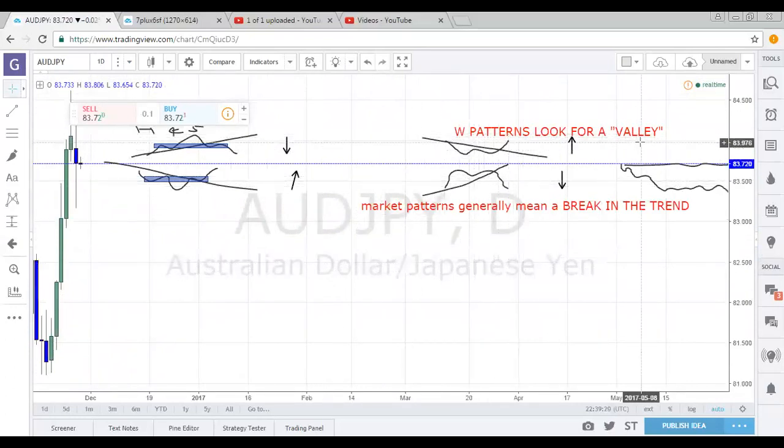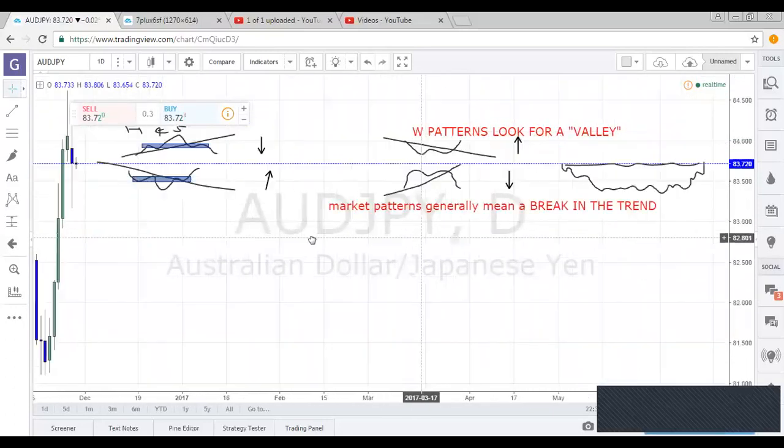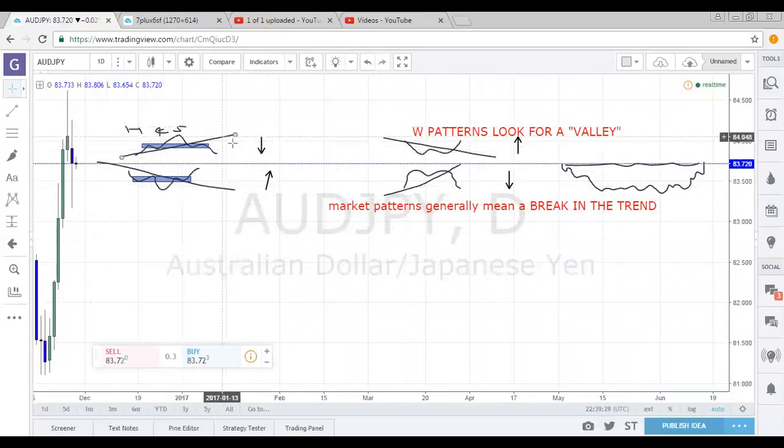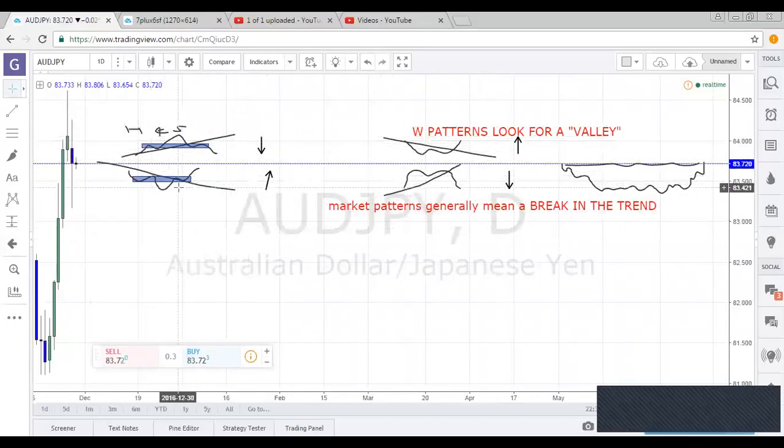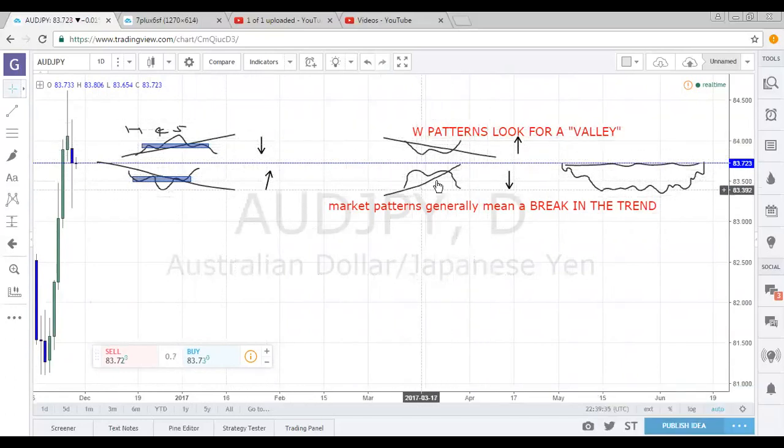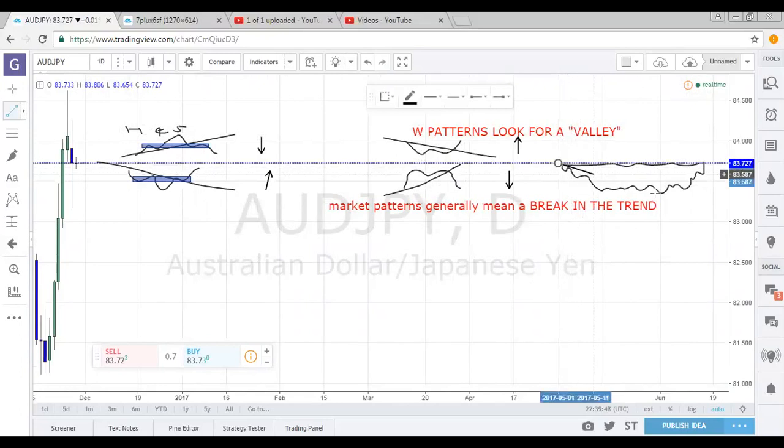Anyways, guys, patterns look for a valley. W patterns look for a valley. Market patterns generally mean a break in the trend, guys. Okay. There we go. Head and shoulders down. Up for inverted. W's a buy. M's a sell. Valleys are the water will be tapped. Okay. Doesn't have to be a W, but just know that a trend line was broken. That's what a valley is. The trend line broke.